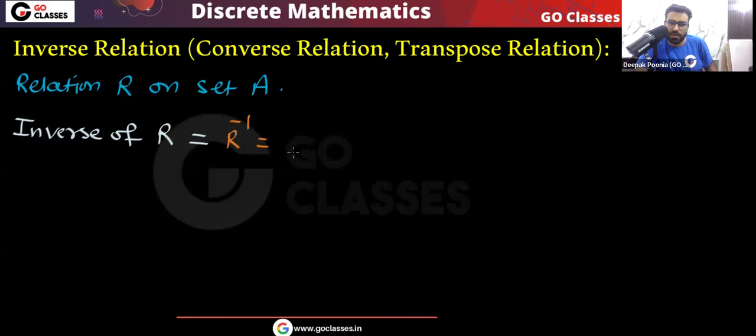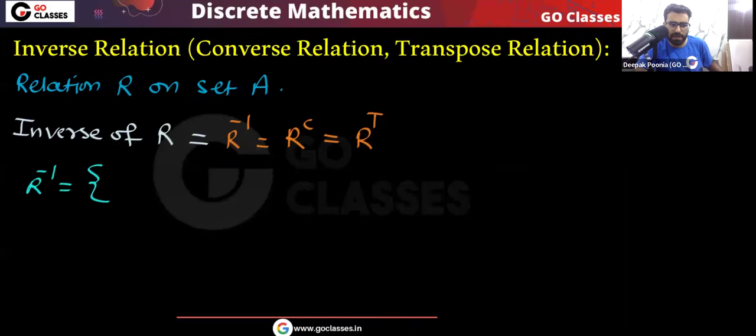You can also denote it by RC, because remember, inverse relation is also called converse relation, or you can denote it by RT, transpose relation. This is how you can denote it, but the most popular is R inverse. So what will R inverse be?